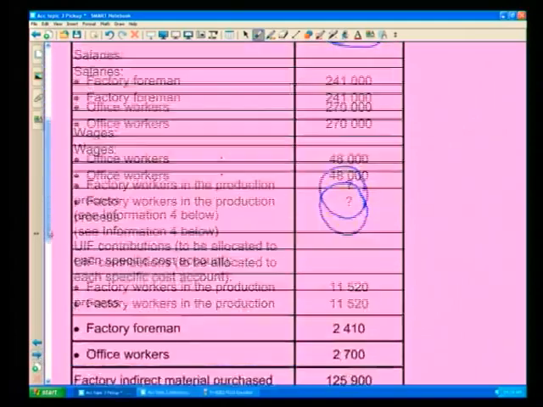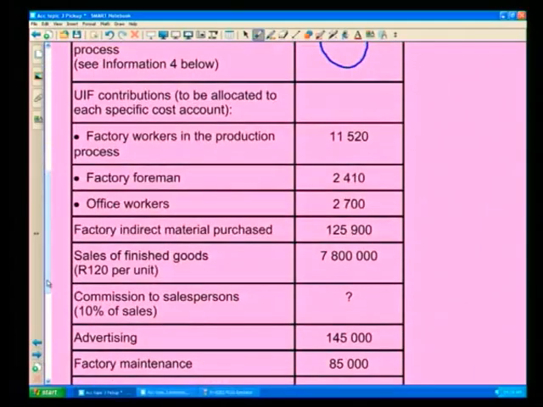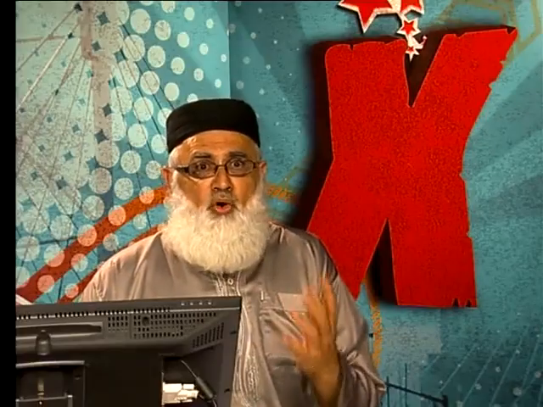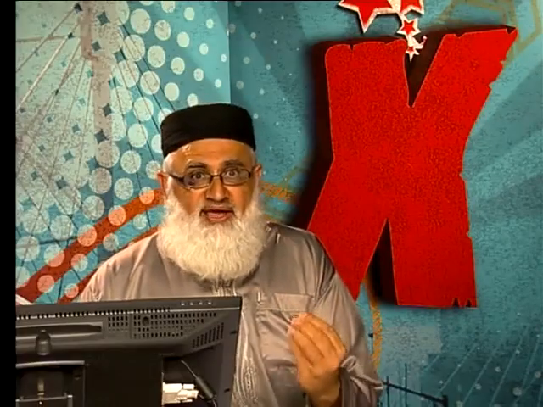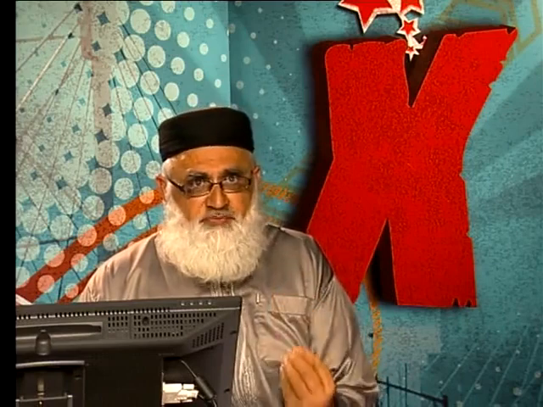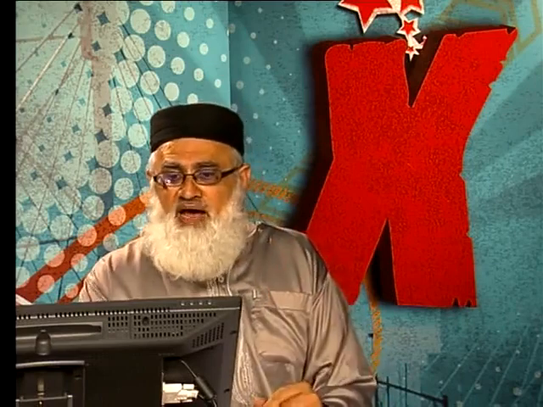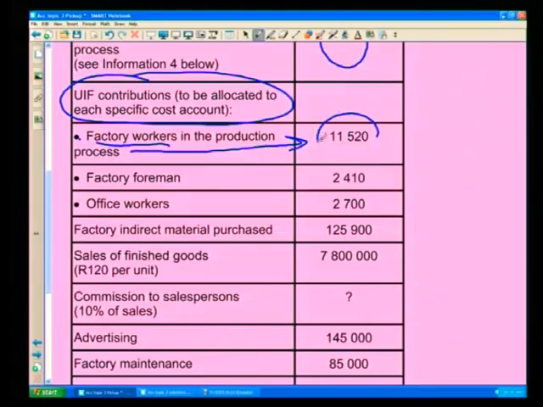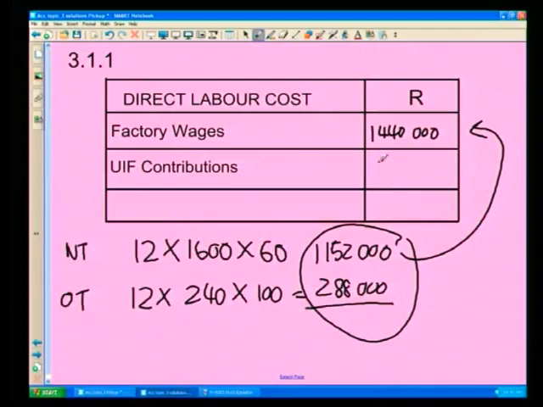What do we know? We are told that if we go back to our question here, what are we told? Let's find it here. UIF contributions to be allocated to each specific cost account. In other words, factory workers, is that my direct labor? Certainly it is. Those are my employees. That is the UIF that we, the business, have contributed on their behalf.